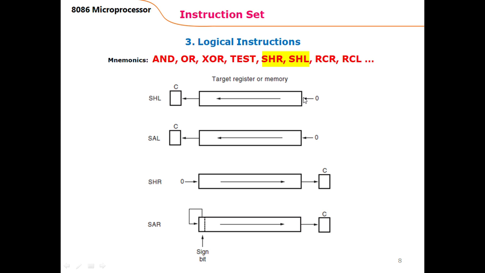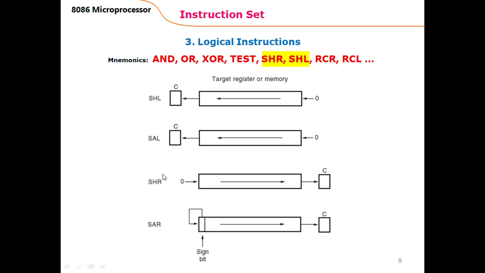A 0 is inserted at the rightmost position of the value, and the leftmost bit is moved or copied to the carry bit in the flags register. So for example, if we have an 8-bit value here, and we shift left that value by one place, then the bits are moved to the left and the final bit is moved to the carry flag, and a 0 is introduced at the rightmost position. The same happens with shift left arithmetic.